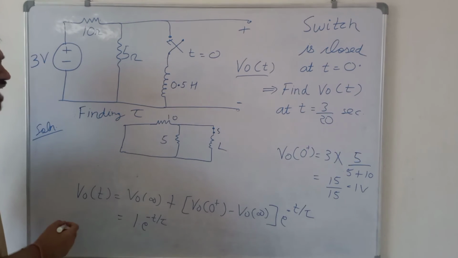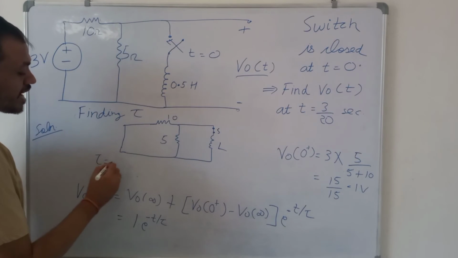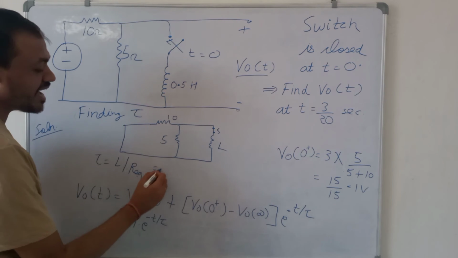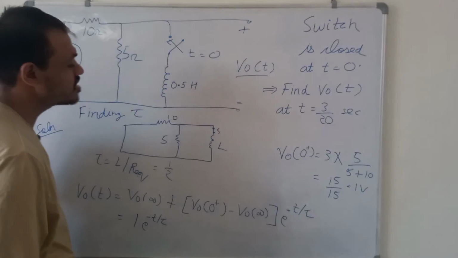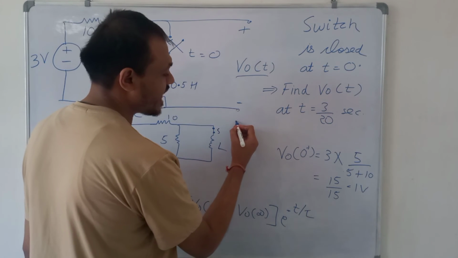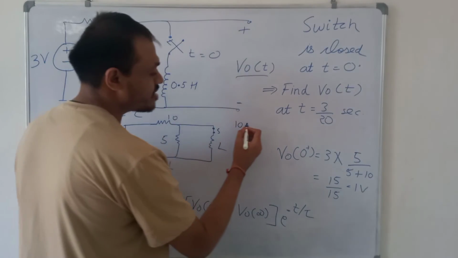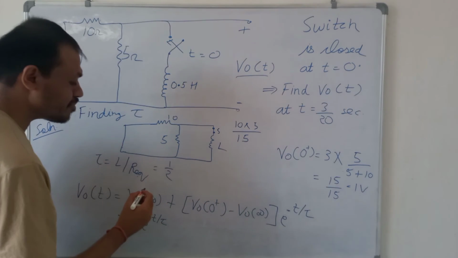So 10 ohm and 5 ohm are in parallel, so tau will be equal to L upon R equivalent. The value of L is 1 by 2 and R equivalent is the parallel combination of 10 and 5. So 10 into 5 upon 10 plus 5, that is 15, so 50 upon 15.